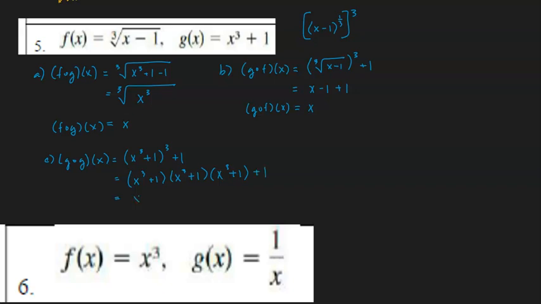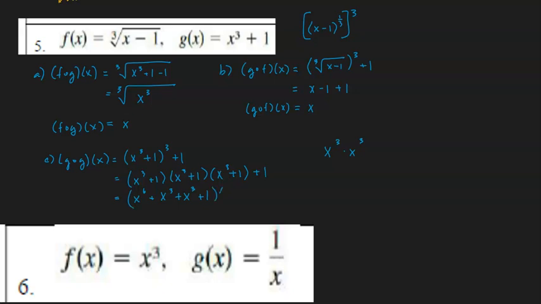So that is going to be x to the 6th because it's x to the 3rd times x to the 3rd. In that case, we add the exponents, and then that's going to be plus x cubed plus x cubed plus 1.